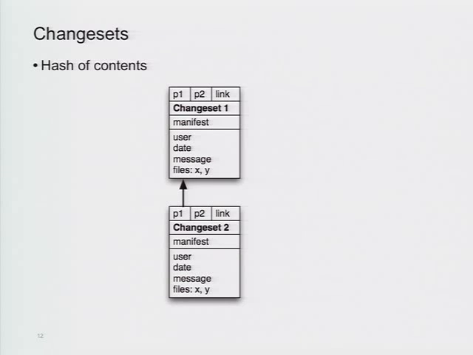It is the log message, the user, the date, a pointer to the manifest, which has the list of files, and the parents of the change if it is not the first one in your repository. So that's a key point, because that means two changes that happen to touch the same file and have the same message are still unique because their parents, which are different, are included as part of the hash.